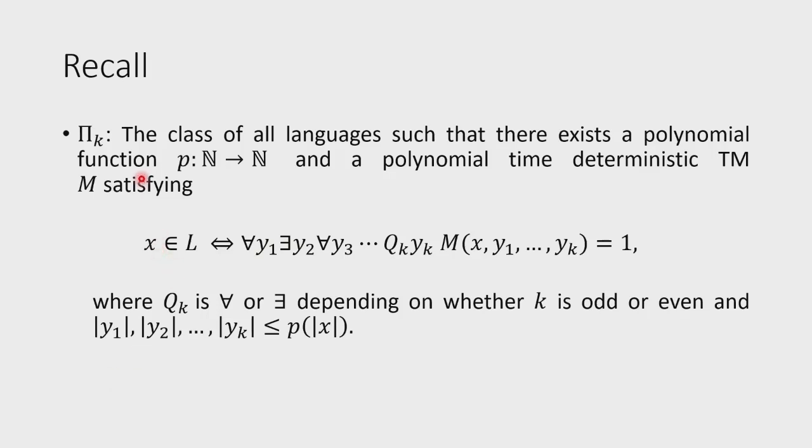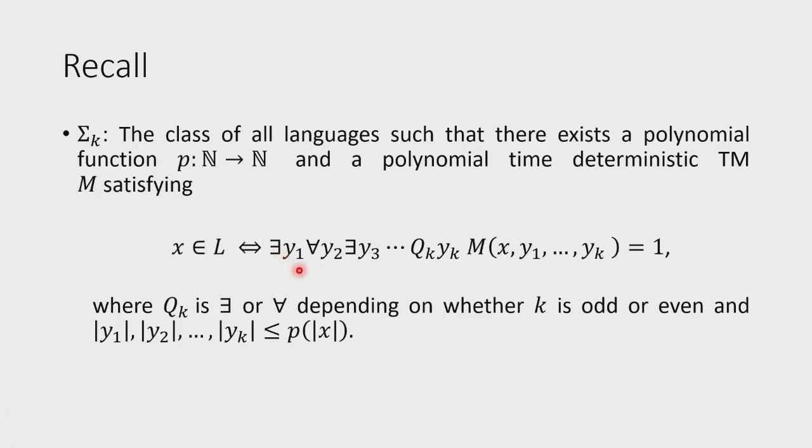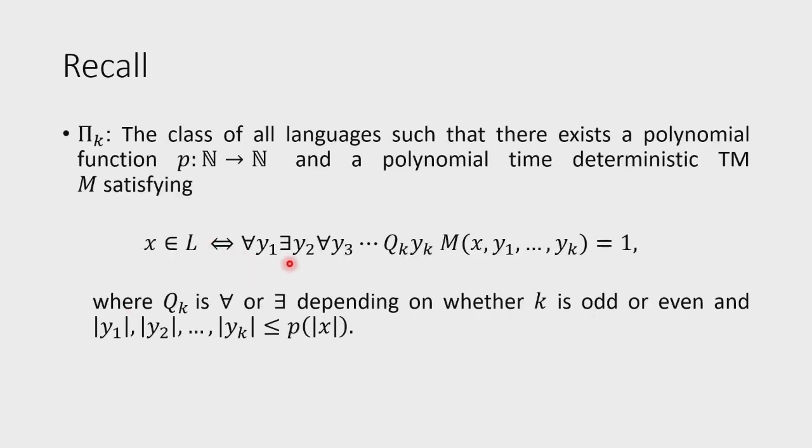If you compare the classes pi k and sigma k, the difference is that in sigma k the first quantifier is there exists, and in pi k the first quantifier is for all. It might seem that this is a trivial difference, but as we'll see later, the order of quantifiers actually matters.